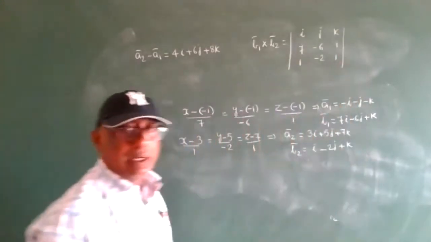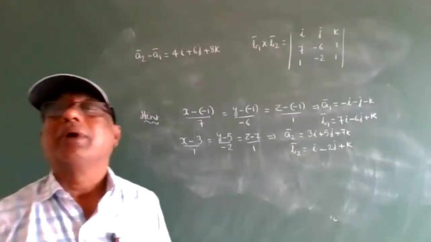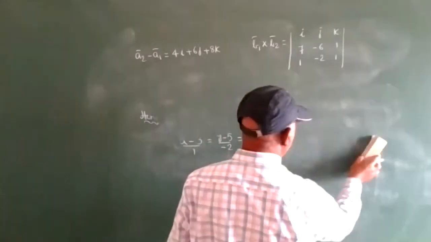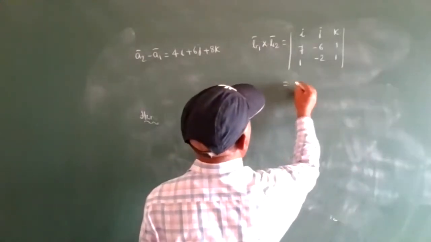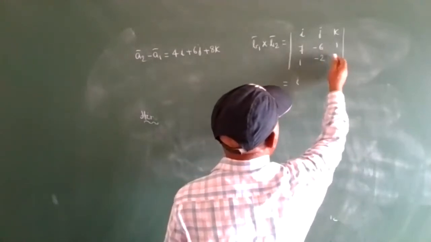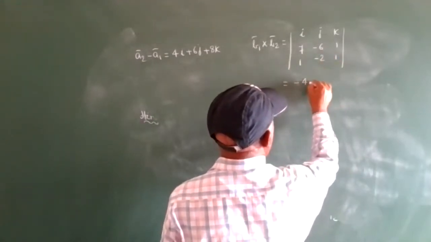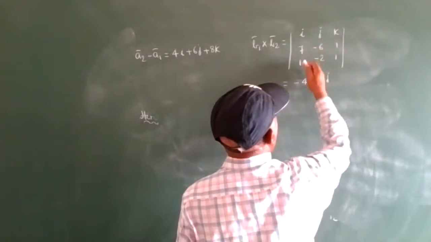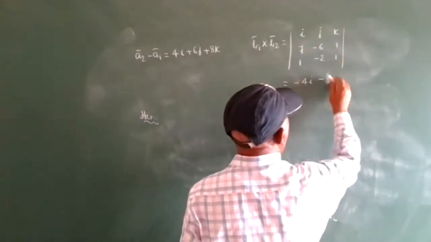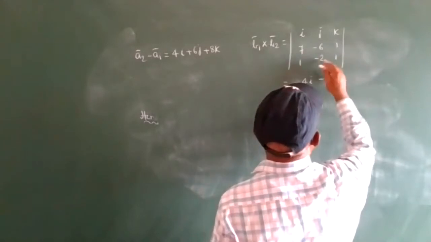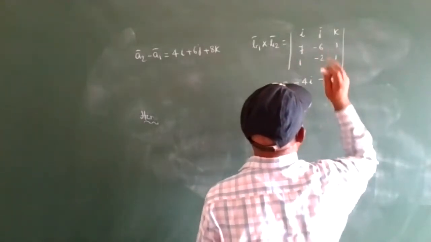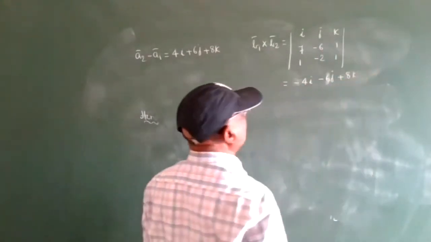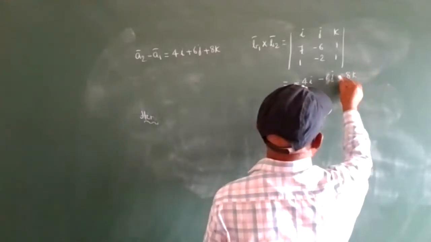Right. Now find out the determinant value, everyone. So this value is i into minus 6 plus 2, that is minus 4i; minus j into 7 minus 1, that is minus 6j; k into minus 14 plus 6, that is minus 8k.